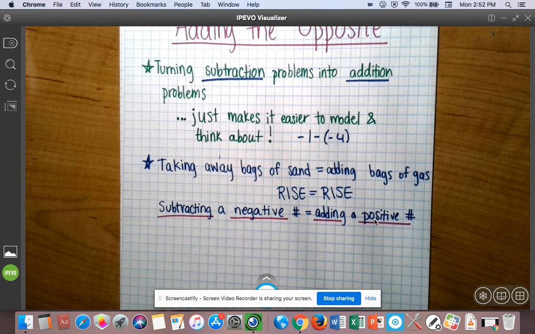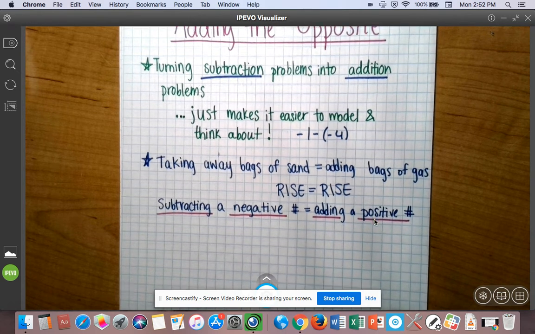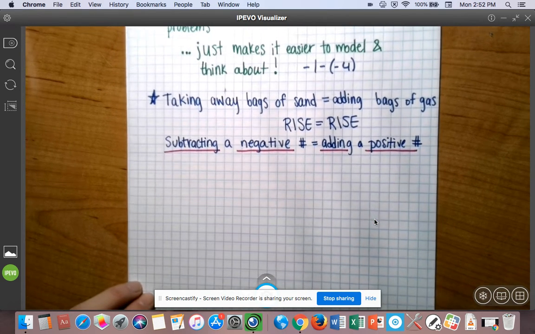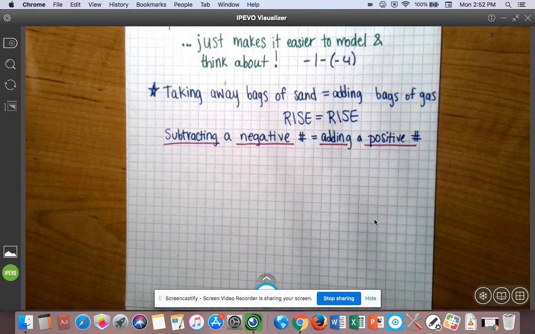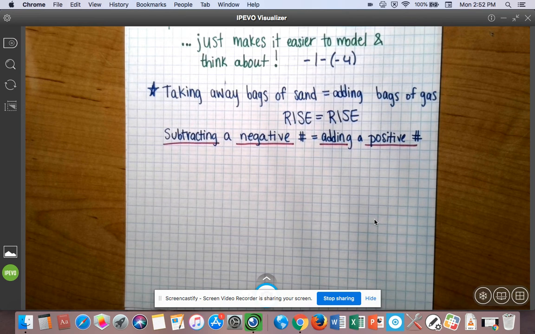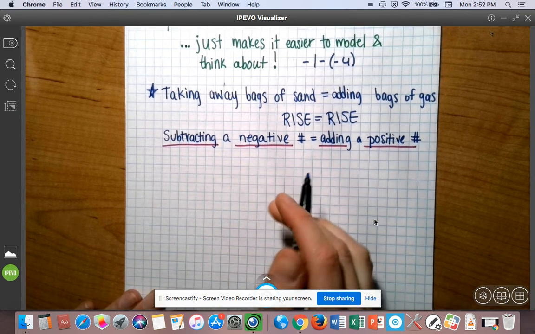So the easiest way to understand this is to look at a couple problems and solve them as we follow some steps. So the first thing we're going to do is write down our steps.